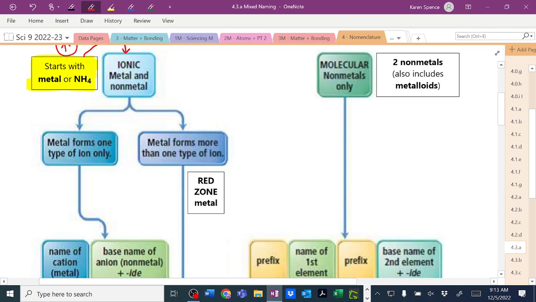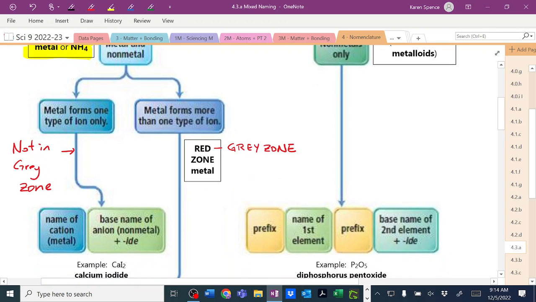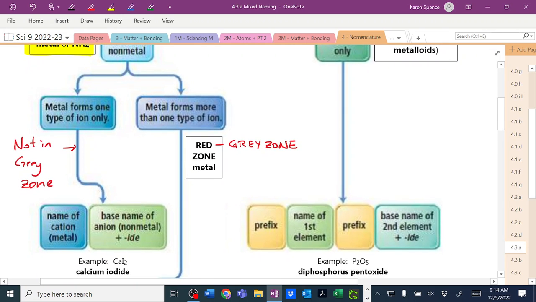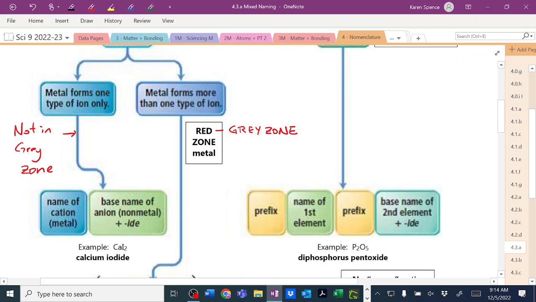You either have the metals in the gray zone, or you have the metals which are not in the gray zone. Metals not in the gray zone are your easiest ones of all.